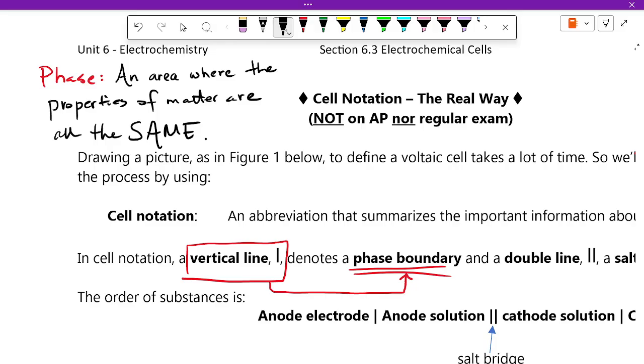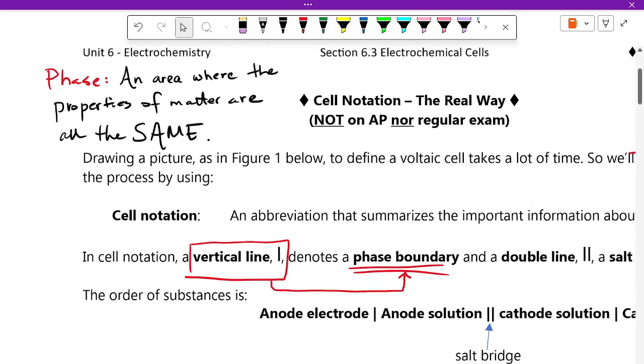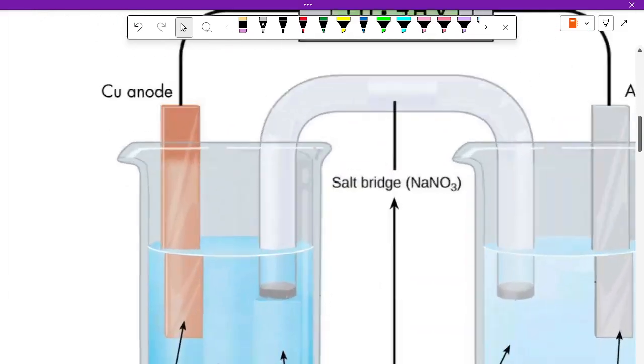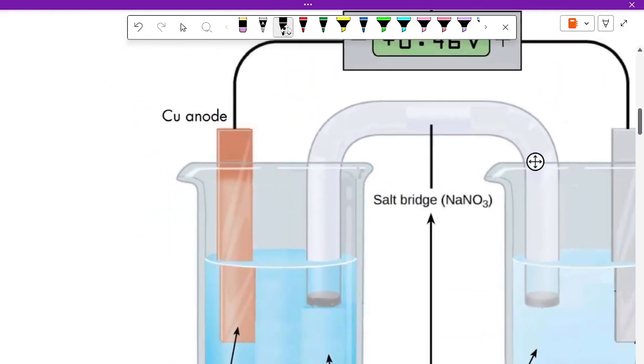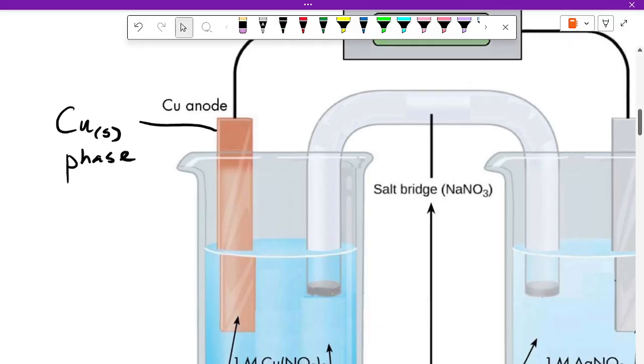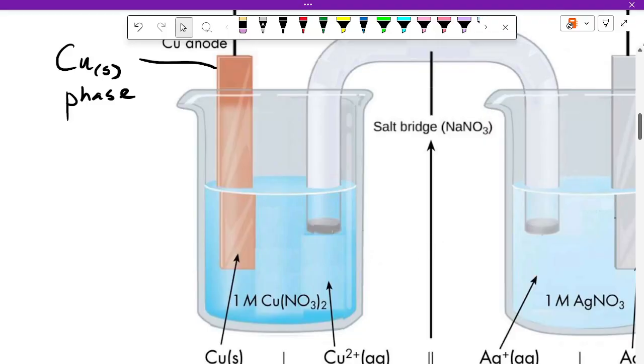Yeah? So if we were to look at our electrochemical cell, our galvanic cell, this copper anode is a copper solid phase. Yes? This here is an aqueous phase.